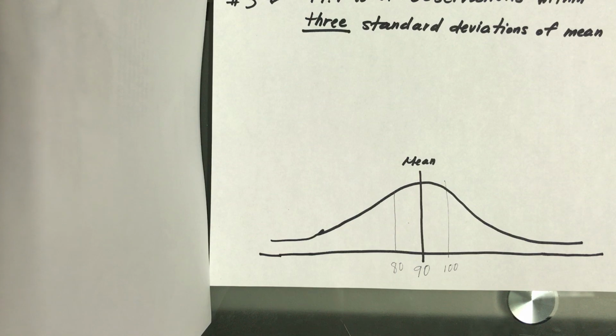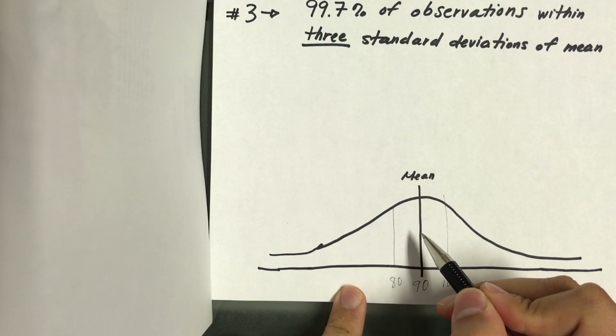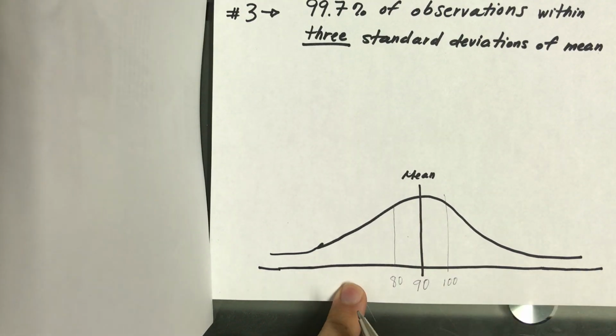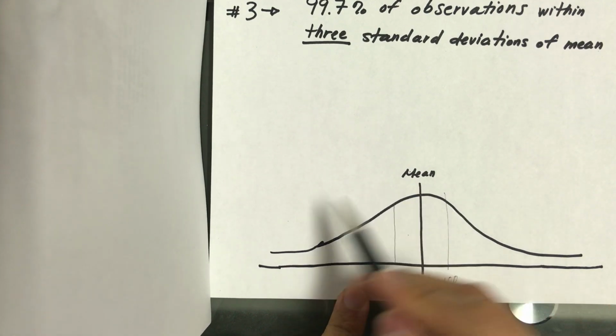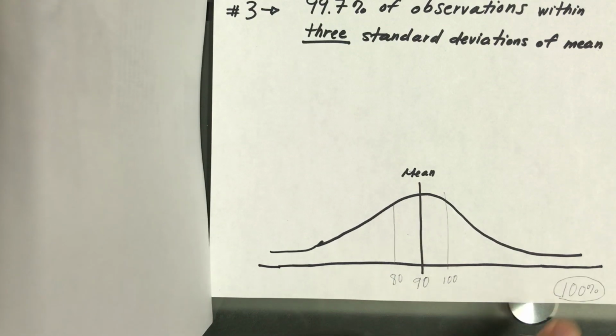Okay, so that's one standard deviation from the mean. So everything within this area represents 68% of our entire observations. So note that our entire distribution represents 100%. Right, so that's our entire distribution, so 100%.